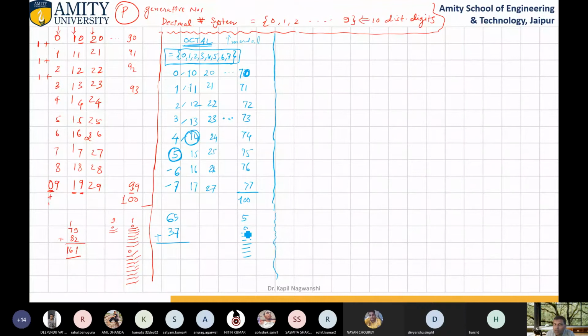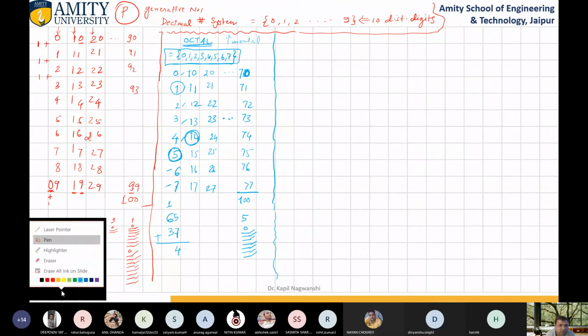And again, what I am saying here: 6 7 10 11 12 13 14, because in octal this is the way of counting. Okay, so let me write 14, then again come to 1. So 1 is there, followed by 6. Let me erase the previous notation.